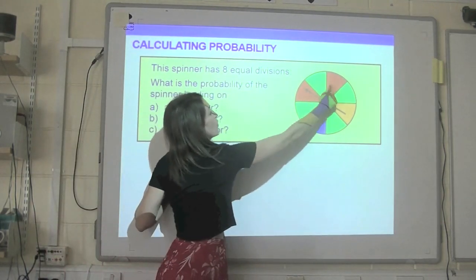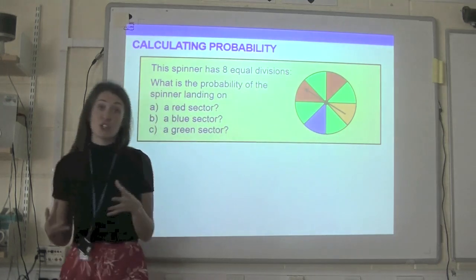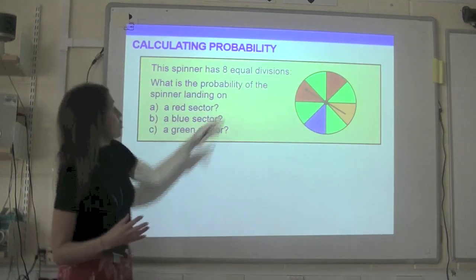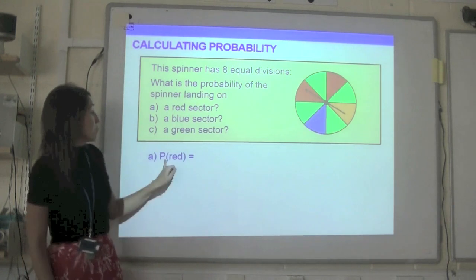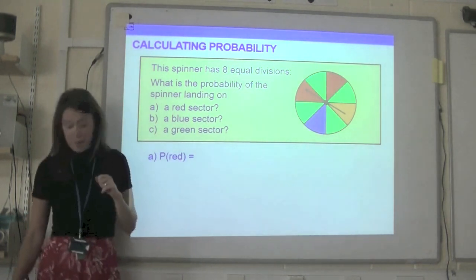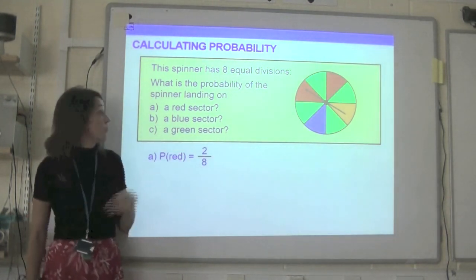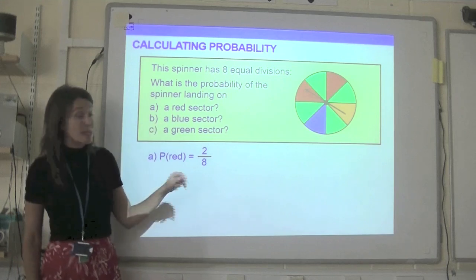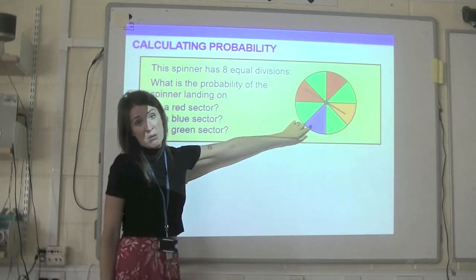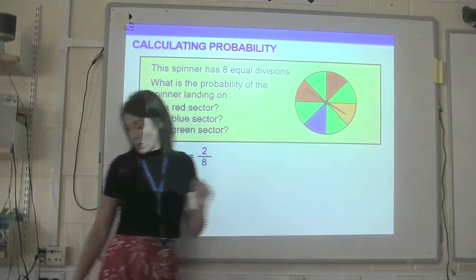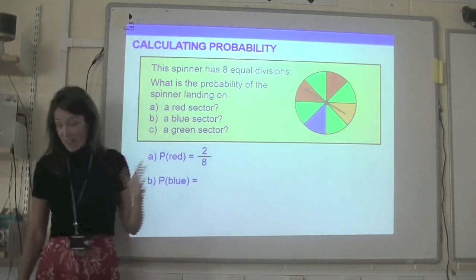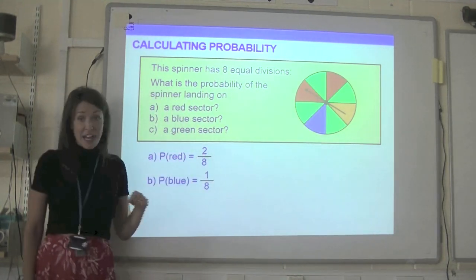There's 1, 2, 3, 4, 5, 6, 7, 8 divisions on the spinner, 2 of which are red. That means the probability of getting a red sector is 2 out of 8. The probability of getting a blue sector, well, there's only 1 now out of my 8 in total, which means the probability of getting a blue is 1 over 8.